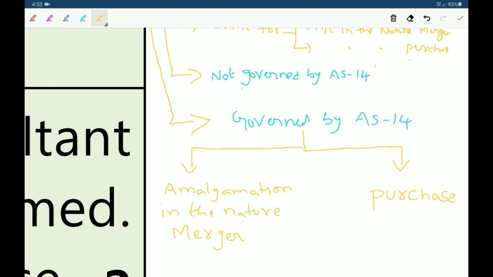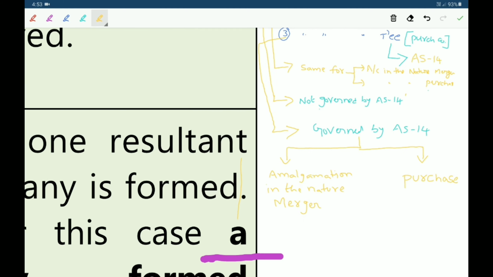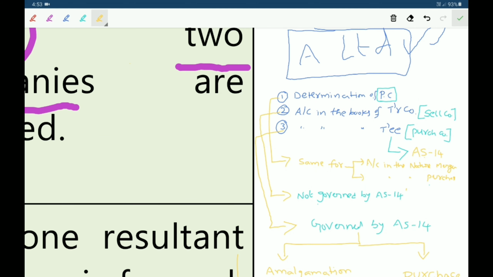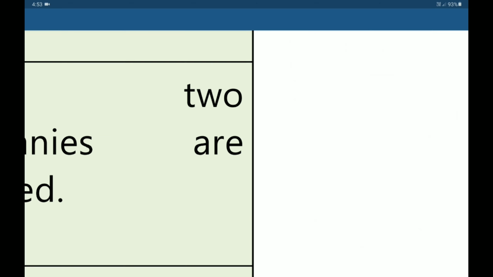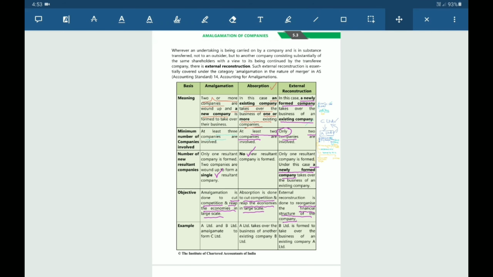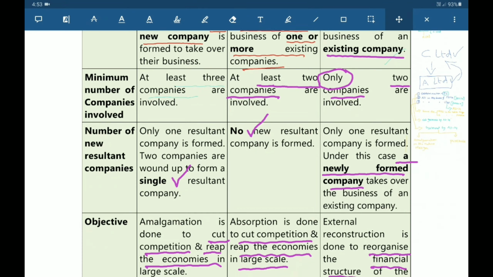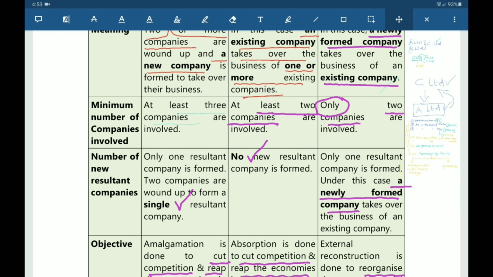Up to now, we discussed this. Once again, we understood the meaning of amalgamation and the three types we discussed: amalgamation, absorption, and external reconstruction.